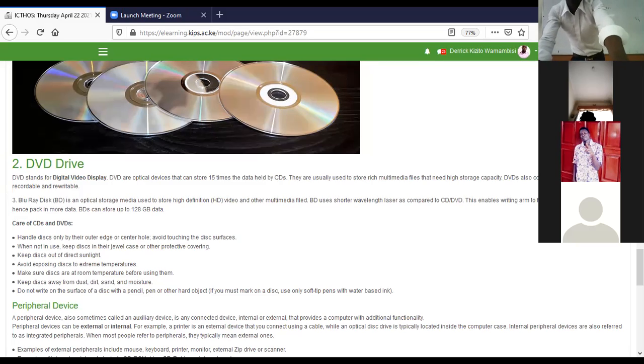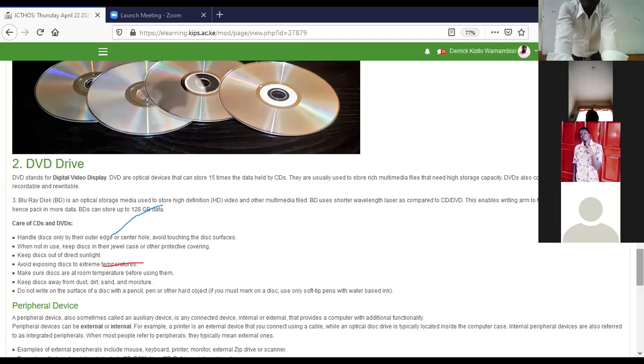But if I have data on a DVD and connect it to a CD drive, it cannot read. What I'm saying is that a DVD-ROM or DVD drive can read data on a CD and on a DVD at the same time. A CD-ROM or CD drive can only read data on a CD-R or CD-RW. But if I have a DVD with data and want to read it using a CD drive, it cannot read.